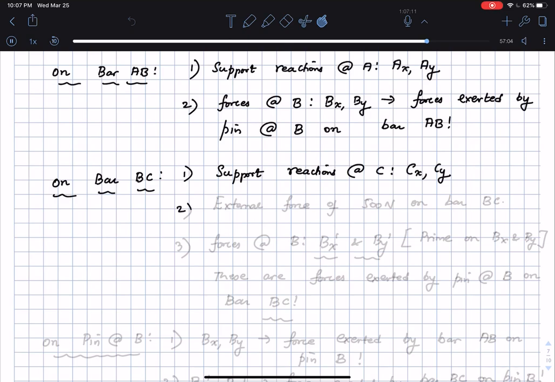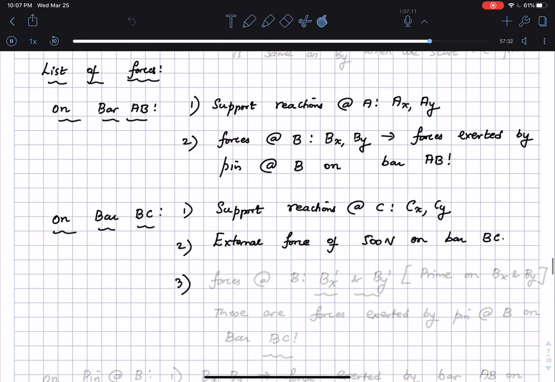Then I'm going to have once again the external force of 500 newtons on the bar BC. Importantly, third thing is I'm going to have a force BX prime, BY prime. I just called it by a different name because at the beginning of the problem I do not know if they are the same as BX and BY.